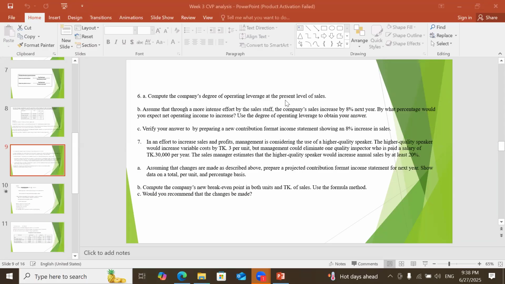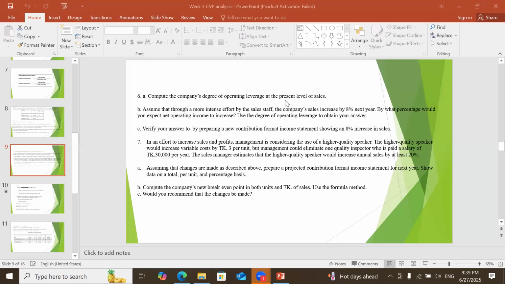Actually, the company uses the degree of operating leverage to measure the earning capacity of a company. If the company's earning capacity is huge and has more sustainability, that means the variation of DOL is very low.